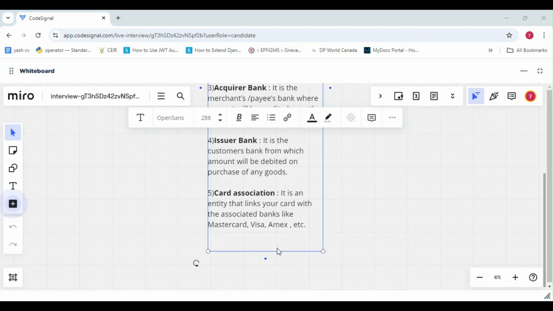Then we have PCI DSS, which is the Payment Card Industry Data Security Standard. It is the security standard that a seller must meet so that the seller can generate the payment page on their own website. For example, Amazon is PCI DSS qualified, right?